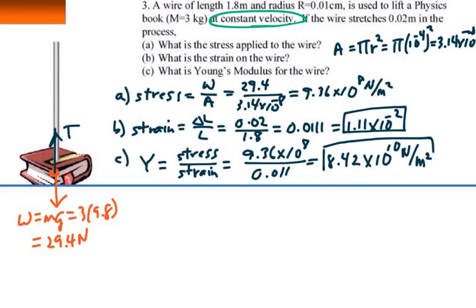So presumably we could go into a table and figure out what this material was based on its mechanical properties of the Young's modulus, 8.42 times 10 to the 10 newtons per meter squared. And I feel good about that because we're something on the order of 10 to the 10.